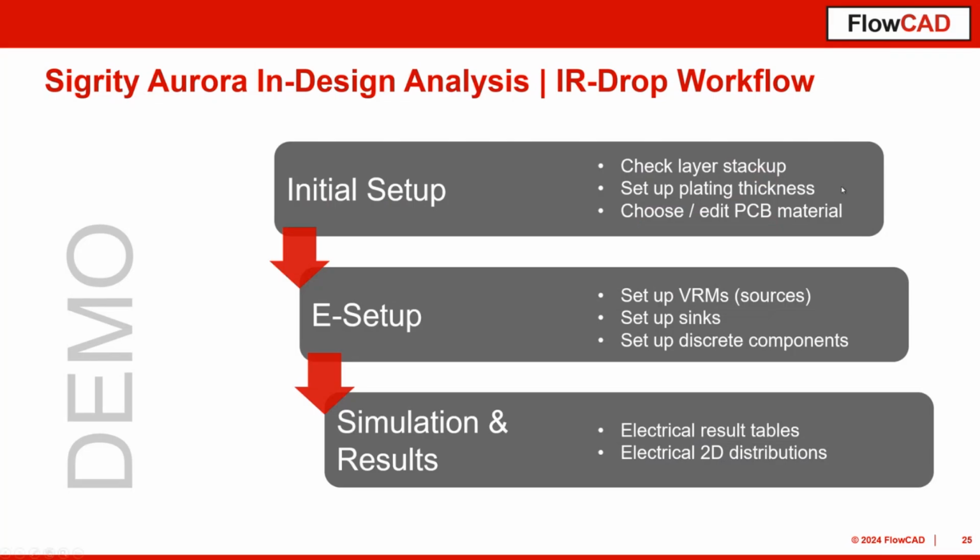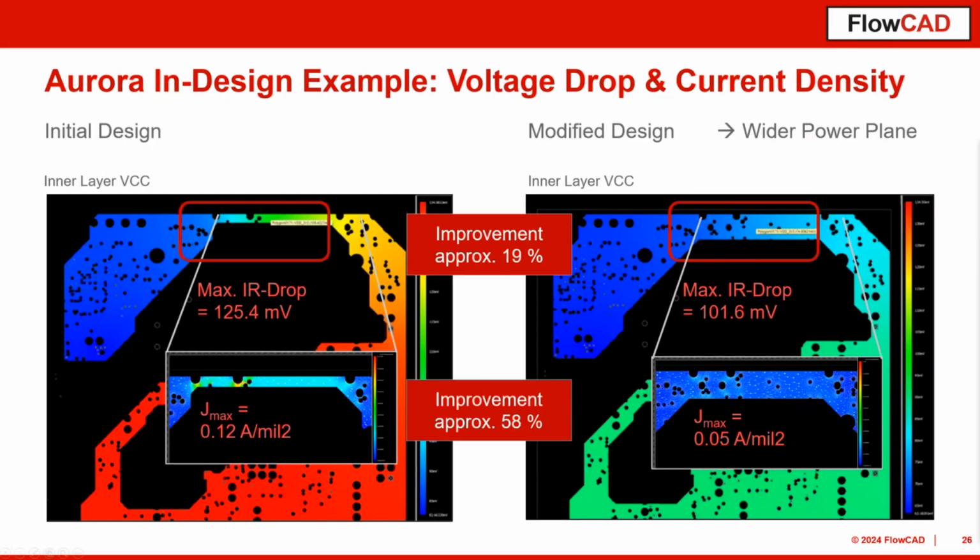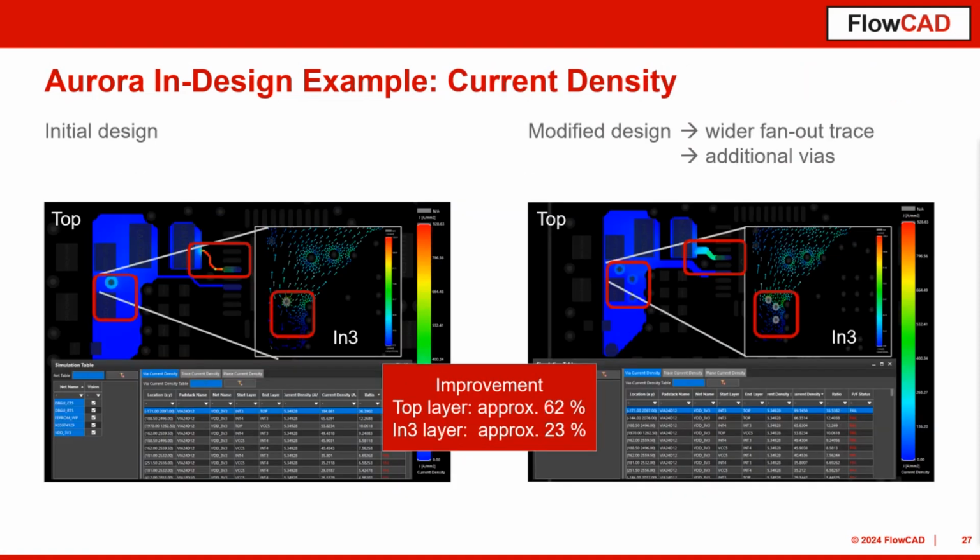As a summary, we can see here that by doing some layout optimizations, you will really get good improvement, and it's not only the improvement of the voltage losses, but it also improves, of course, in the later stage, the complete design performance.